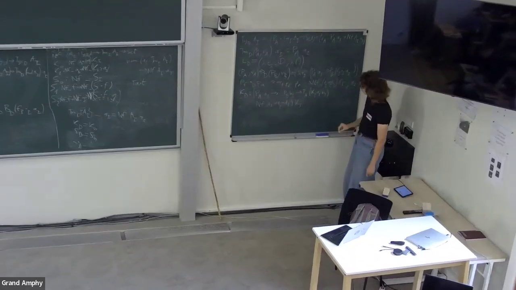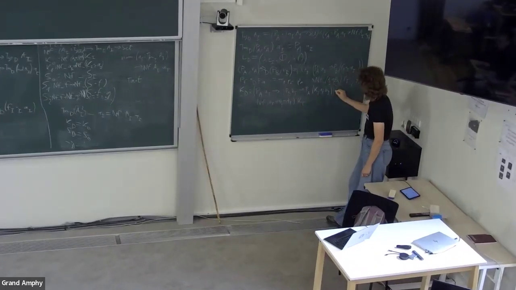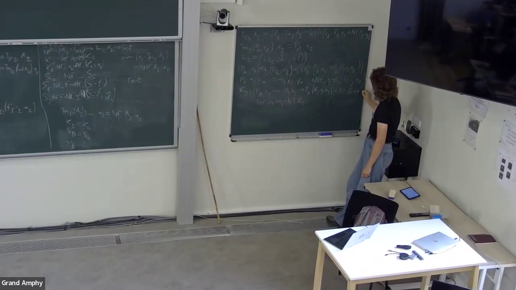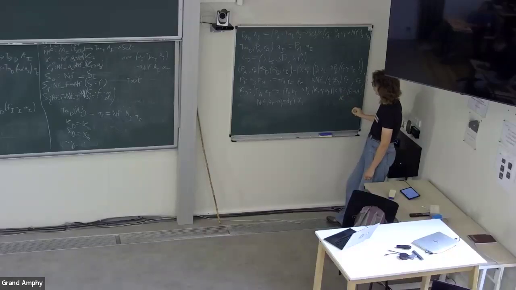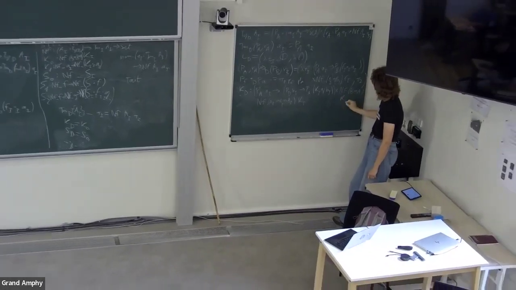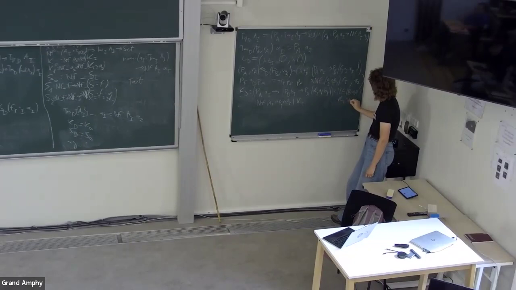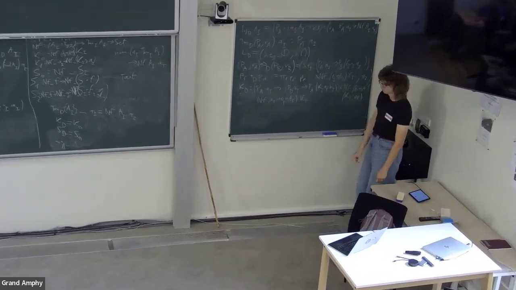For this, the predicate holds. Moreover, we have a normal form of type BROA where K is applied to AI is applied to AI. Okay.